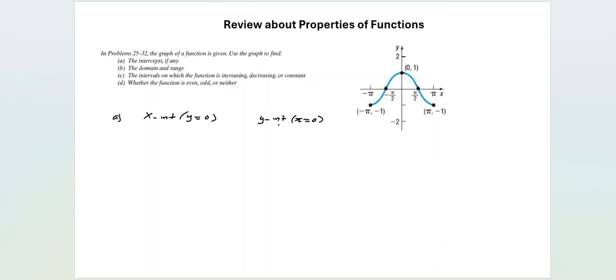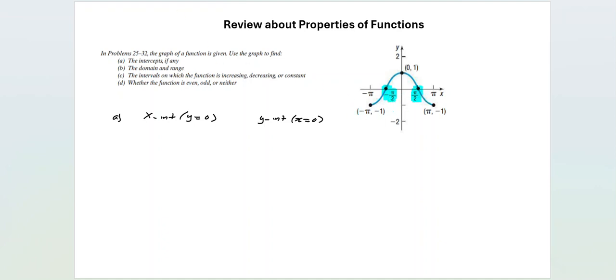Also, we're going to be looking for those points where the graph is either touching or crossing the x and y axis. So obviously, we can see how here at minus pi over 2 comma 0 and at pi over 2 comma 0, the graph is crossing the x-axis.